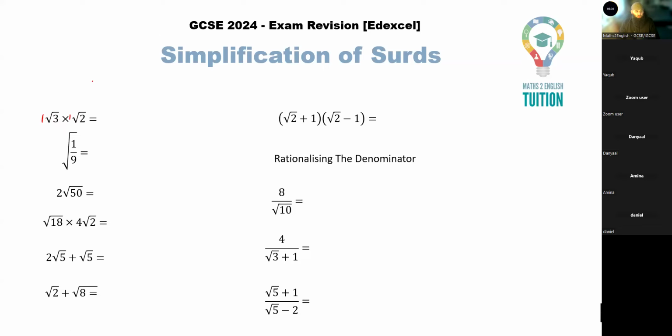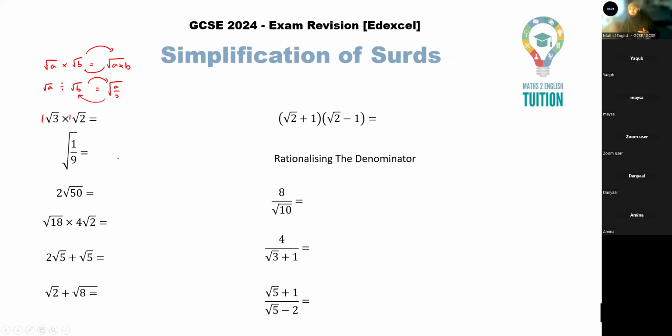So when you have square root of A times square root of B, you can say square root of A times B. And the same thing, square root of A divided by square root of B, you can just say square root of A over B. It's true this way and true that way. Same thing with the top one. Those are the rules of surds.